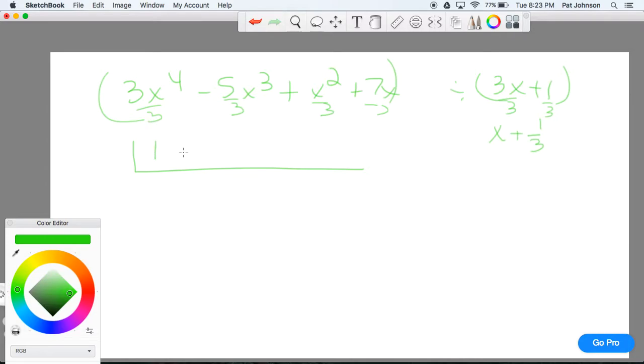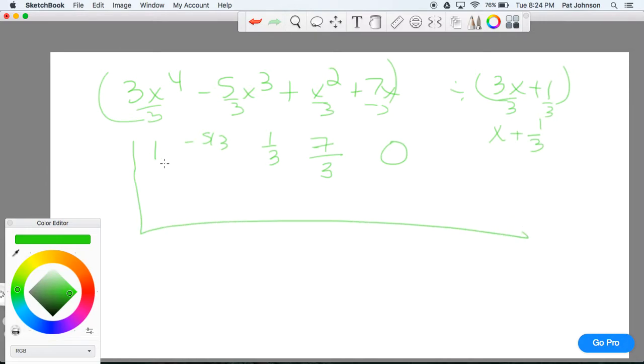We get 1, negative 5/3, 1/3, 7/3. And 0. Since I don't have a constant, I put a 0 there. So this becomes what? Negative 1/3. Because when I equal it to 0 and I solve for x, I get negative 1/3.